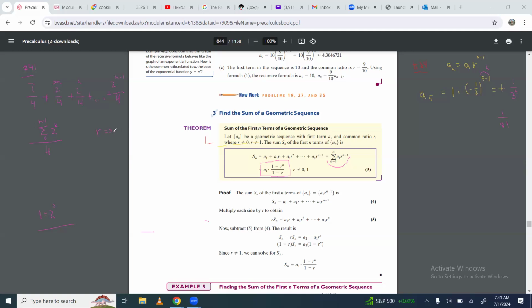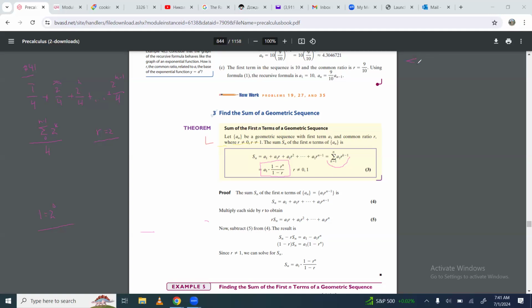Because what we do is we keep multiplying by 2, right? 2, then 2 squared, 2 cubed, and so forth. So when you have ratio equal to 2, then the sum could be treated the following way. And that's quite an interesting formula for the so-called partial sum, or sum of first n terms.